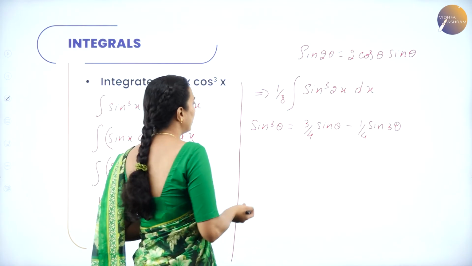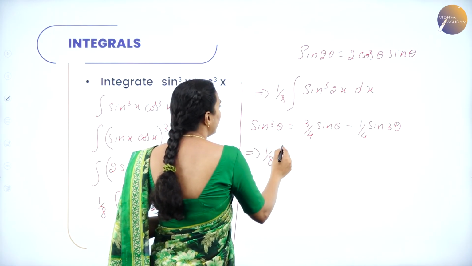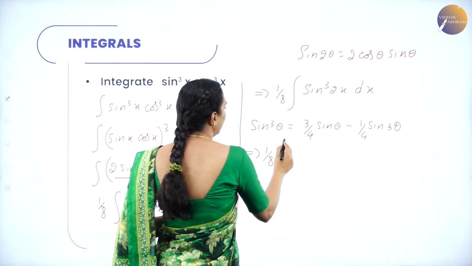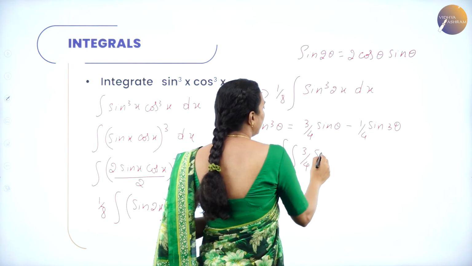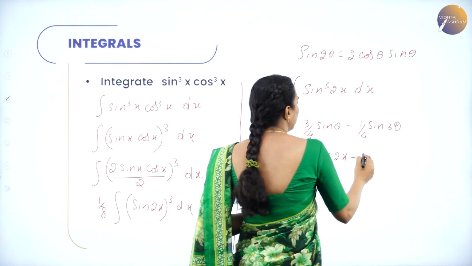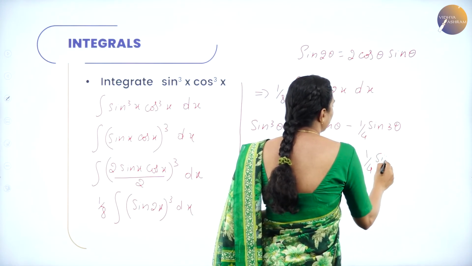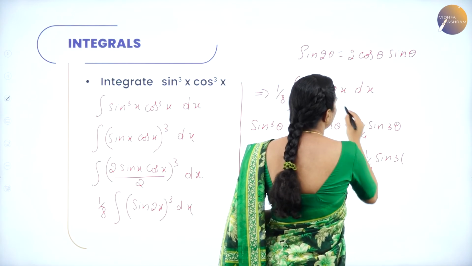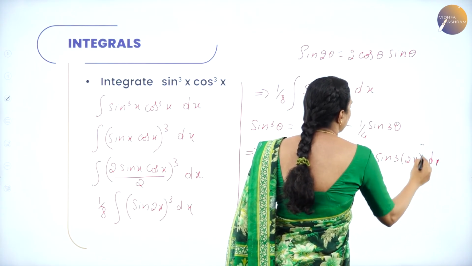Therefore, we can have this, which implies 1 by 8 into integral of, I am separating the integral here, integral of 3 by 4 into sin theta, theta replaces 2x, minus 1 by 4 into sin 3 theta, 3 theta replaces 2x, into dx.